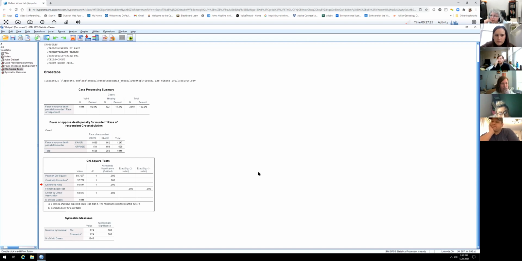That's all right. So it basically tells us, because it's only for two variables, if X and Y are related or not. So in other words, are they independent or are they related? It doesn't tell us the strength of that relationship, and it does not tell us the direction of that relationship.